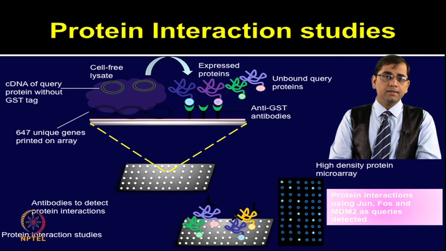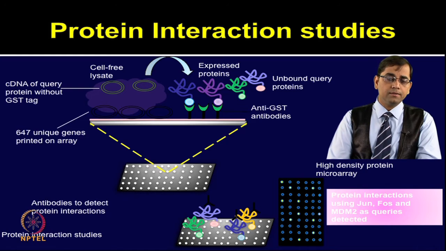In protein interaction studies, it becomes very tedious to test protein interactions in both directions. For example, if one is testing the Jun and Phos interaction, it should work either way, Jun as a query or Phos as a query protein. If Phos is printed on the array, Jun should be able to bind if used as query protein, or similarly, if Jun is printed on the array, then Phos protein can be used as query molecule to test the protein interactions.